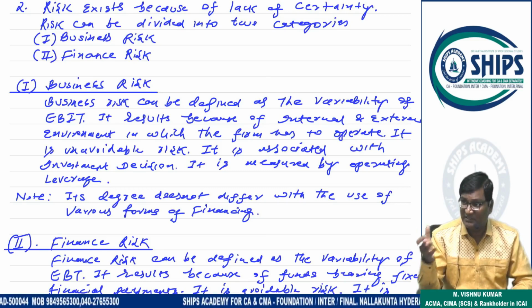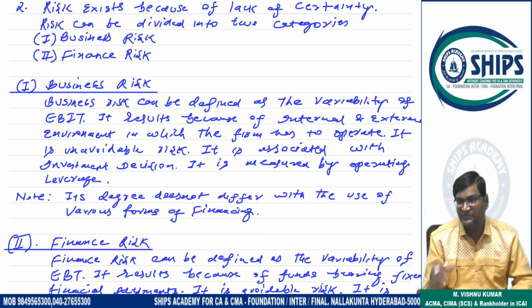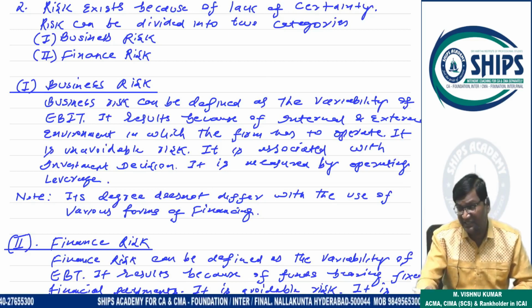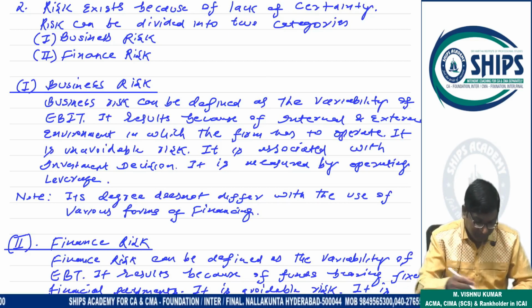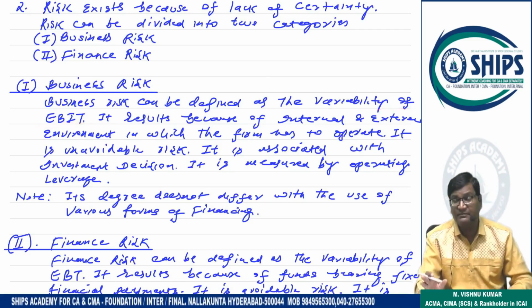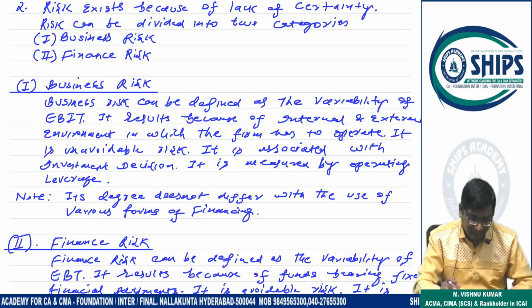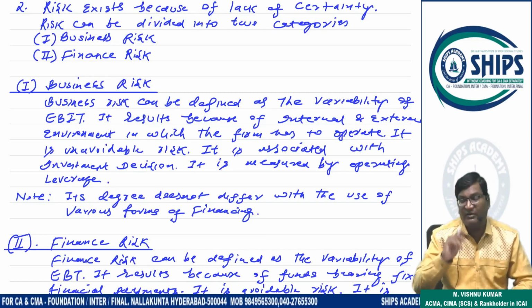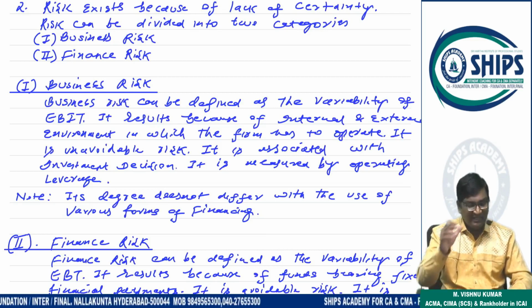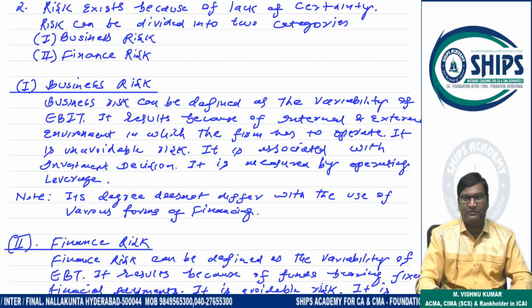Fixed cost decreases, EBIT increases. Understand? So this is the reason. This is called variability in EBIT. Okay? Clear? See, if this point is not clear, I will repeat one more time. If this is clear, I will continue.